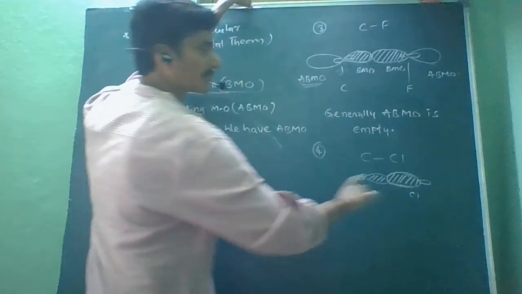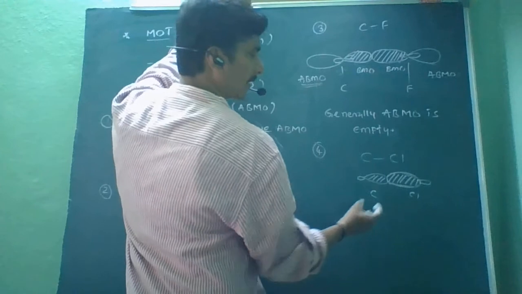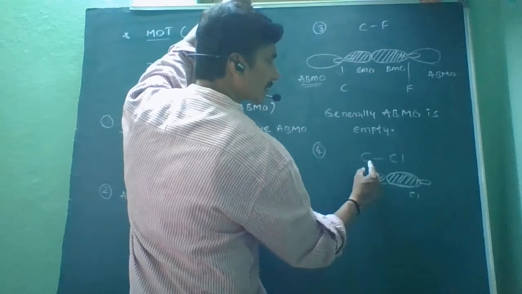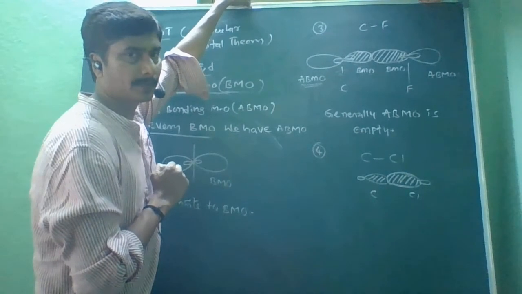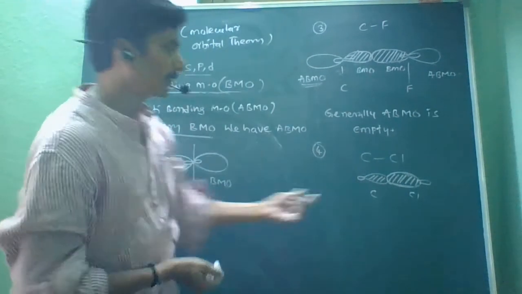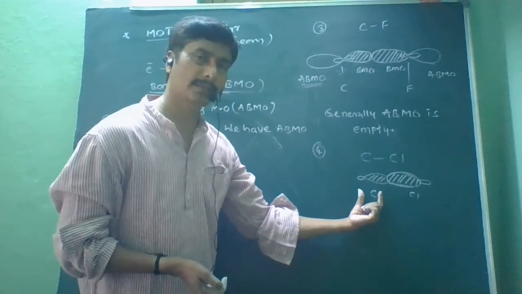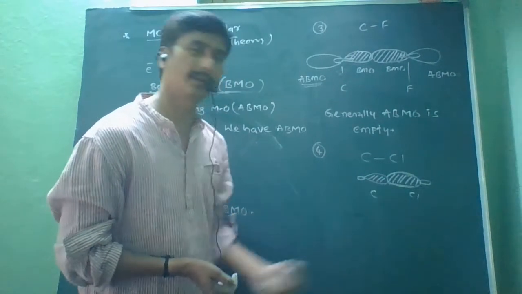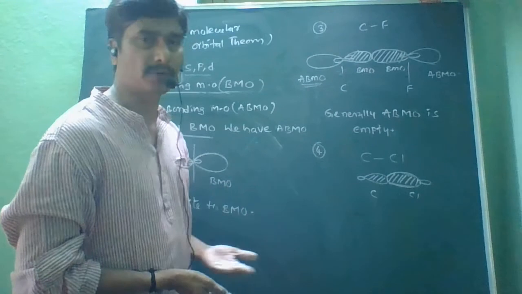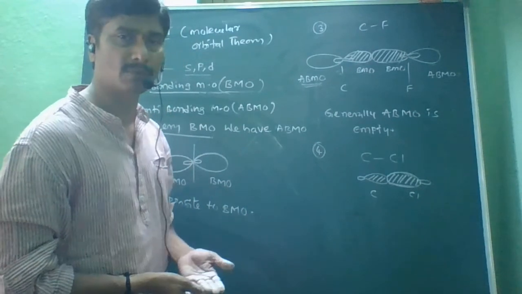When the bond formation takes place, how many electrons are present? Only 2 electrons. So the overlapping of the bonding molecular orbitals of carbon and chlorine forms a new sigma bond.